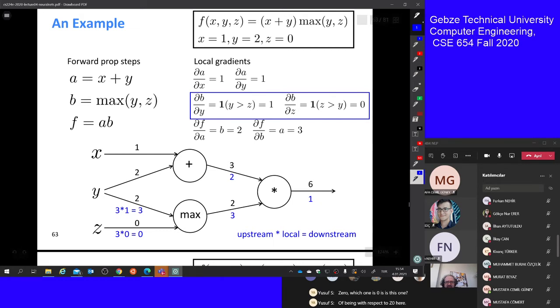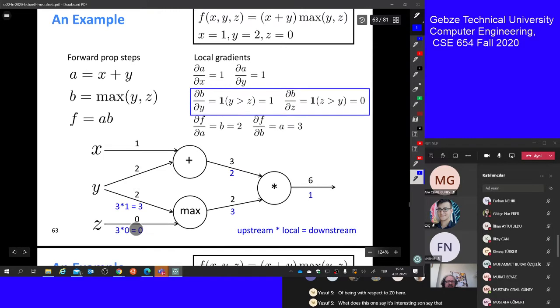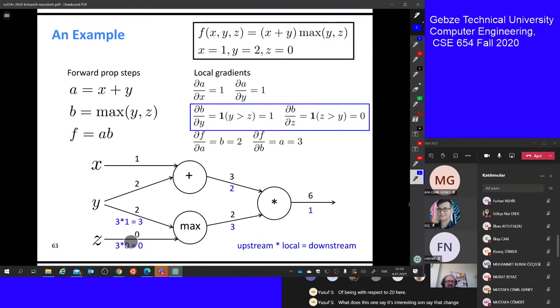What does this one say? It's interesting. This one says change z a little bit. So you complete my sentence.